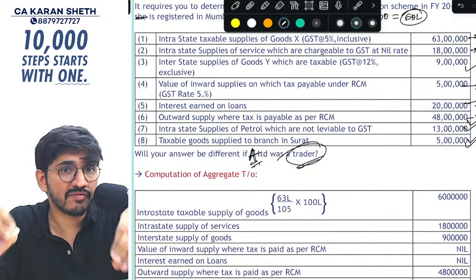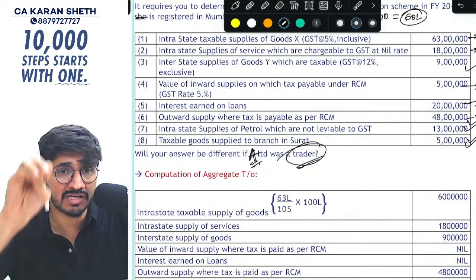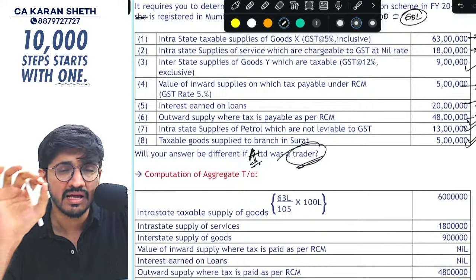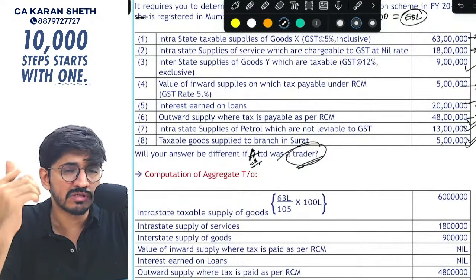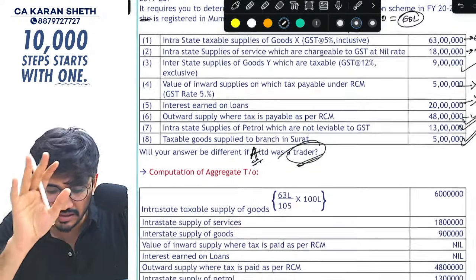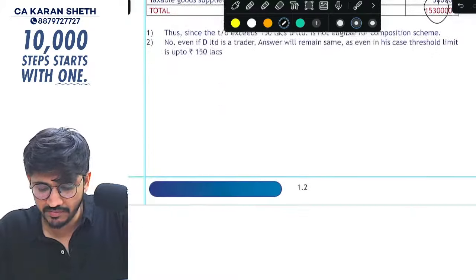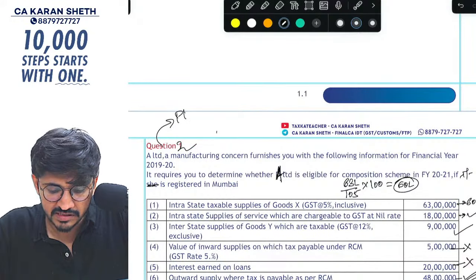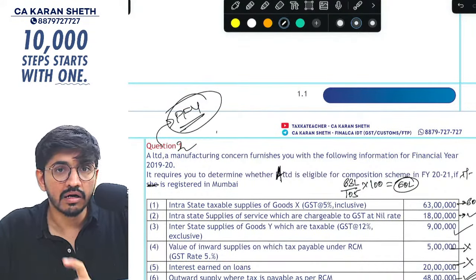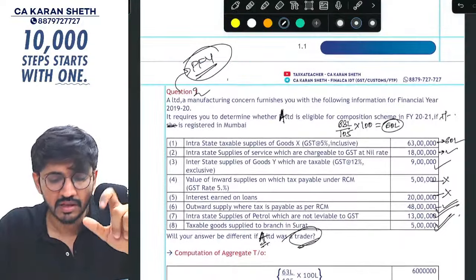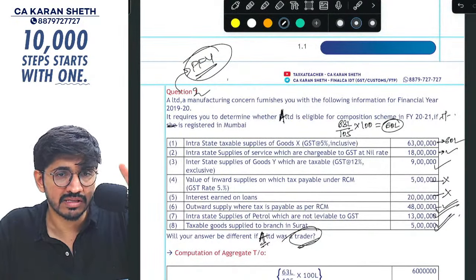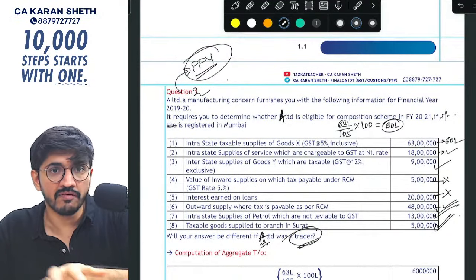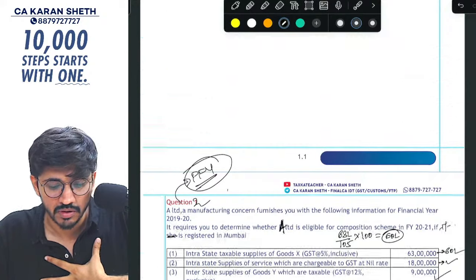So the difference will come in the current financial year when the tax liability is computed. In the previous financial year everyone is equal, there are no changes to be made. Are you getting it? Yes. Perfect. So this is the previous financial year sum, and it's a holistic sum. Clearly, all adjustments that possibly could have been asked are there in this. So you should be clear that okay fine, I am confident with the compo scheme now, right?